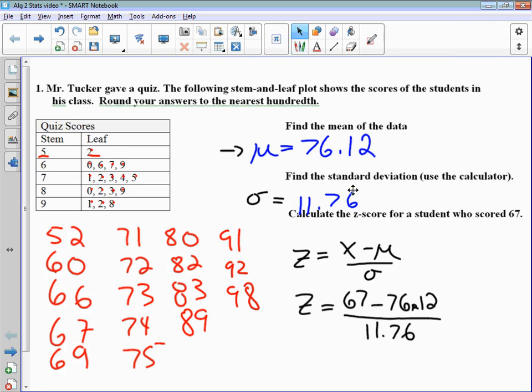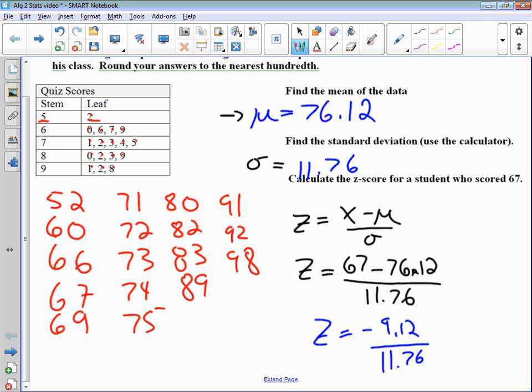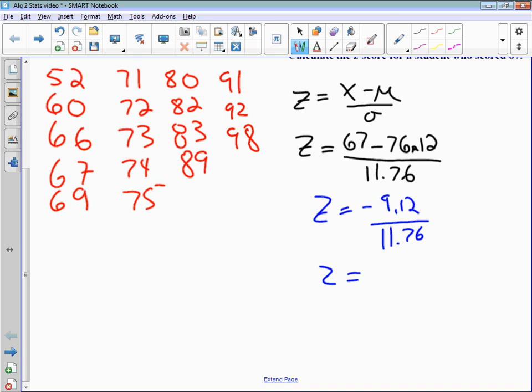11.76. And if we do that, we would get 67 minus 76.12, z equals negative 9.12 over 11.76, or a z-score of negative 0.76, because it said round to the nearest hundredth in the instructions.